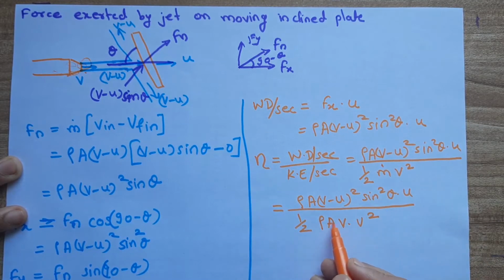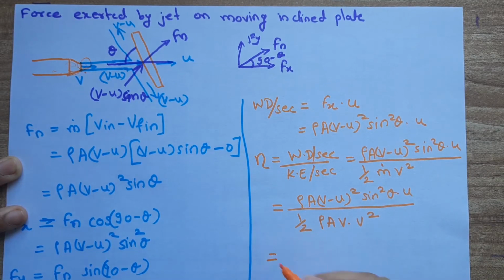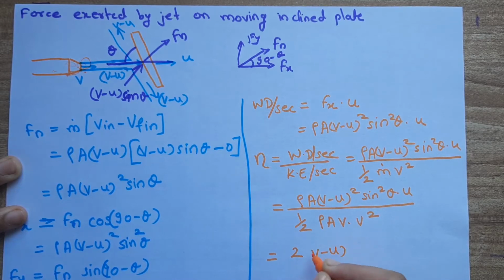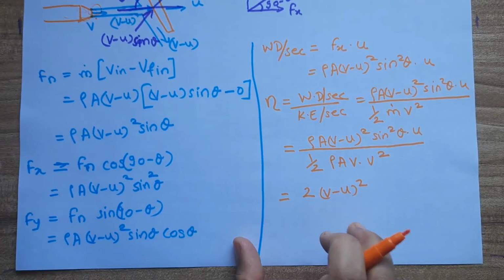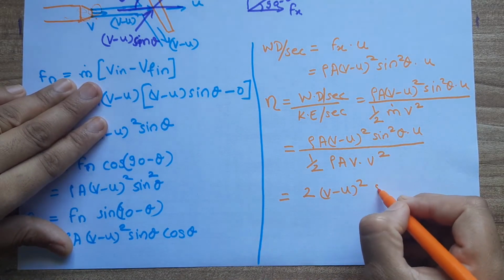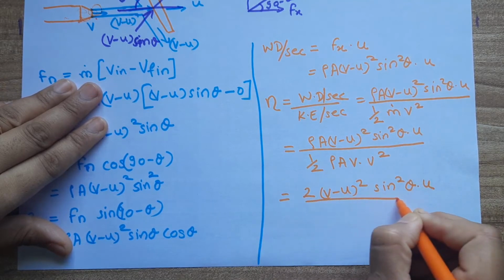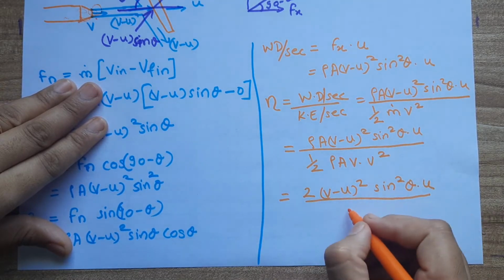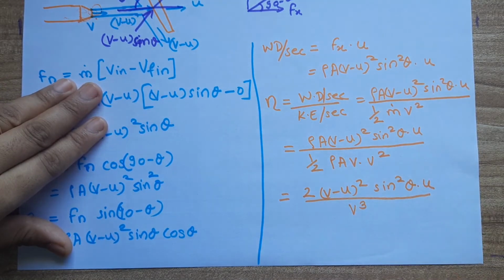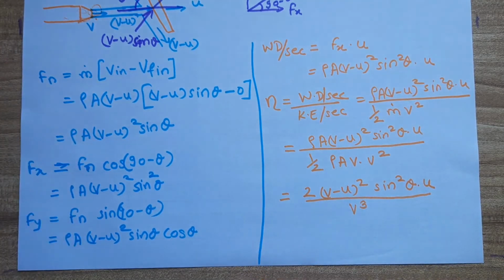So simply cancelling out this rho a and rearranging it, what we will get? 2 (v minus u) square sine square theta into u divided by v cube. Okay, so this is the formula for the efficiency when the plate is inclined and moving.